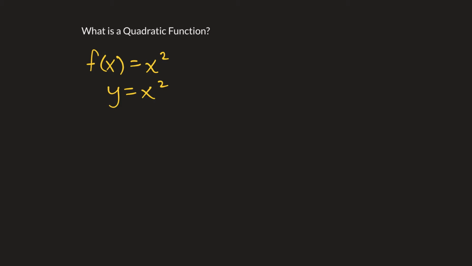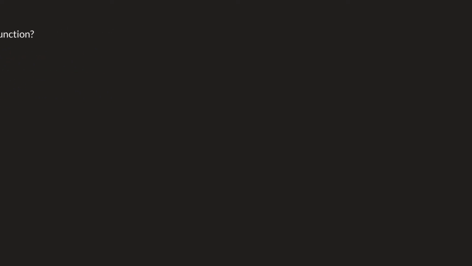Before I continue about quadratic functions, I'd like to talk about linear functions because that'll lead into it. A linear function, we would call it f of x, our function, is equal to, let's say, x plus 1.